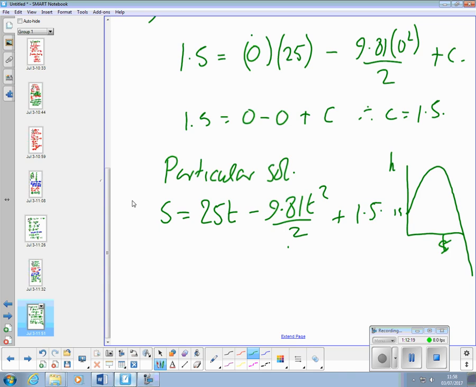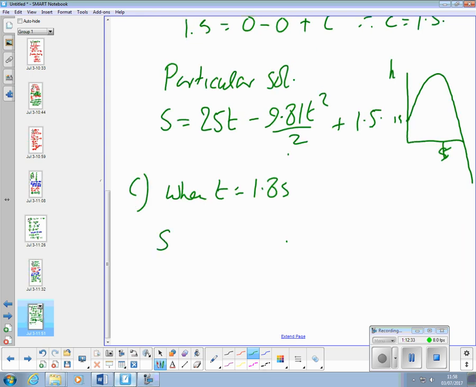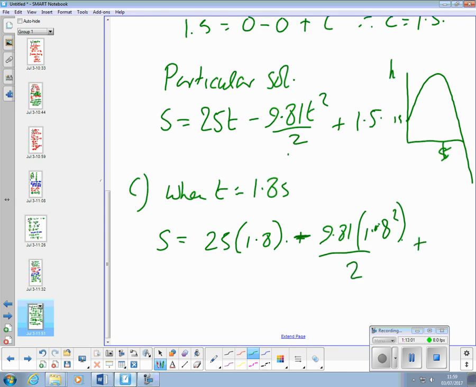So that's part B. C, when t is equal to 1.8 seconds, distance travelled S is 25 times 1.8 minus 9.81 times 1.8 squared over 2 plus 1.5. And that should get 30.6 meters.